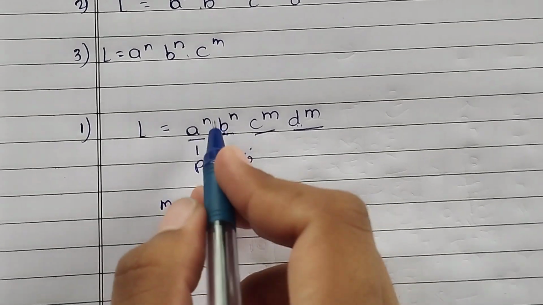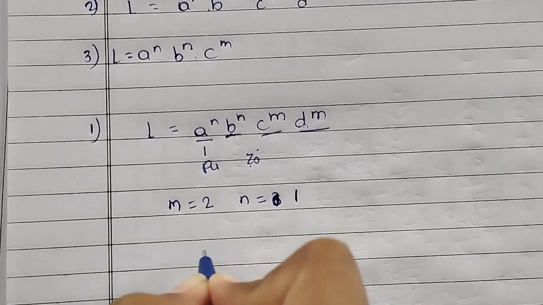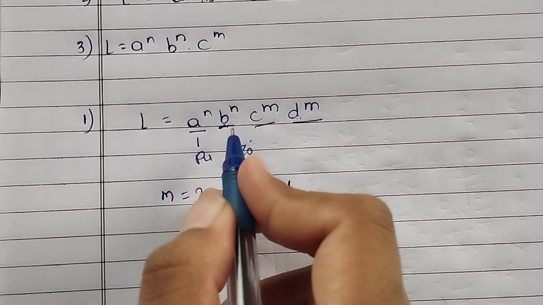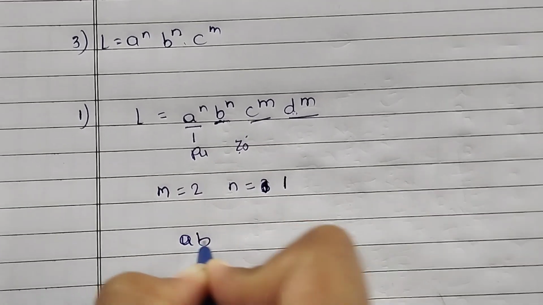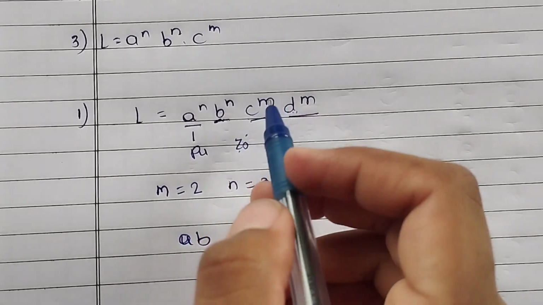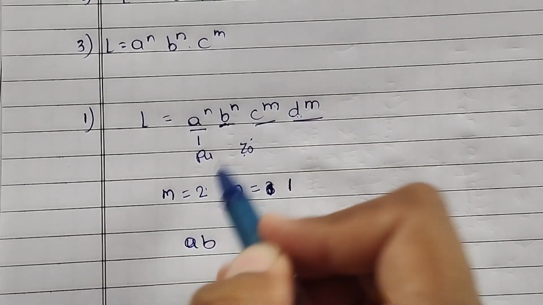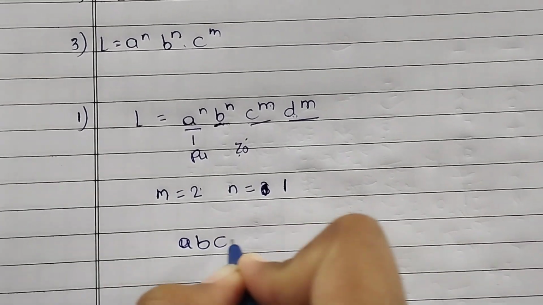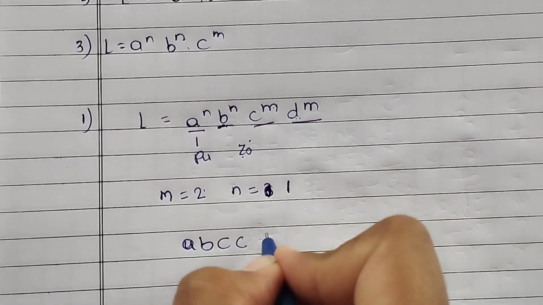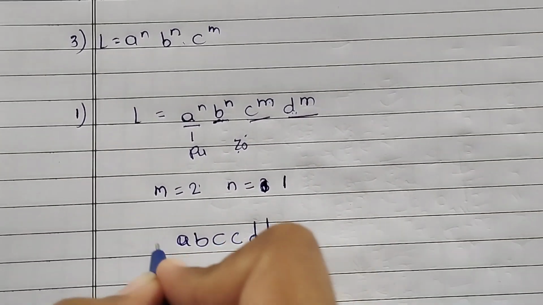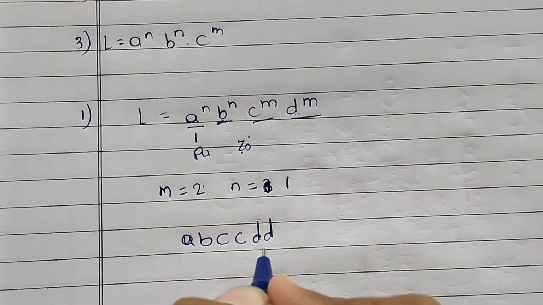So n is equal to 1 means a^1, so A, b^1 means B, then c^m with m equal to 2, so 2 times C and 2 times D. This is the string we consider for the example.